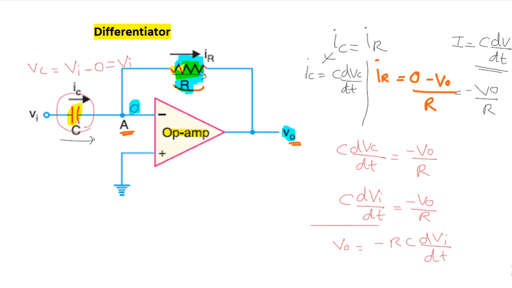So the output voltage is equal to minus RC times the differential of the input voltage. So for a differentiator, the output is the differentiation of the input voltage with an inversion and a scale multiplier of RC.